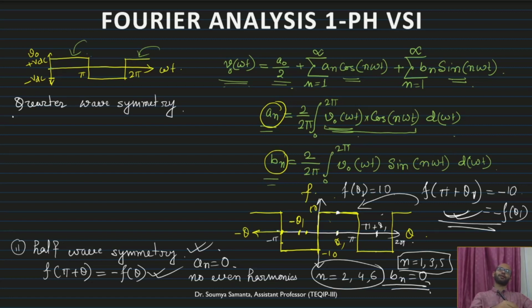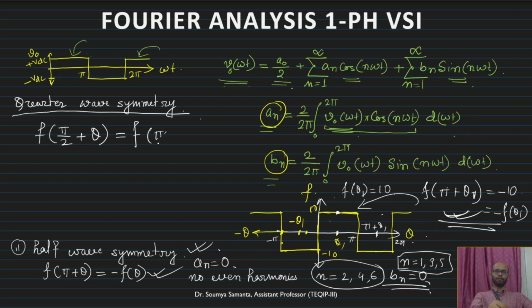Quarter wave symmetry. What is the condition? The condition is that f of pi by 2 is the quarter cycle. In half wave symmetry, we have taken pi for the half of the cycle. This is the quarter of the cycle. So f of pi by 2 plus theta equals f of pi by 2 minus theta, if this condition is satisfied.